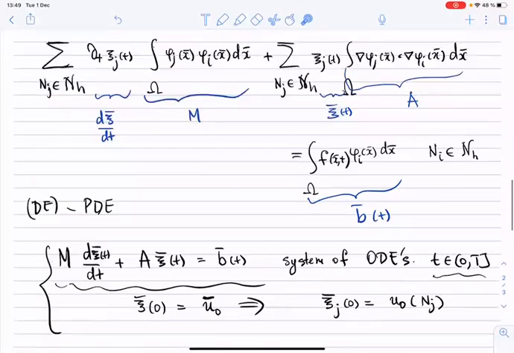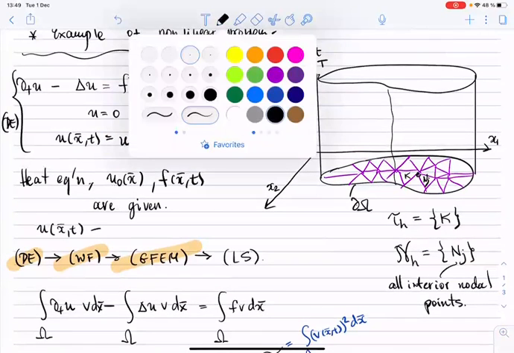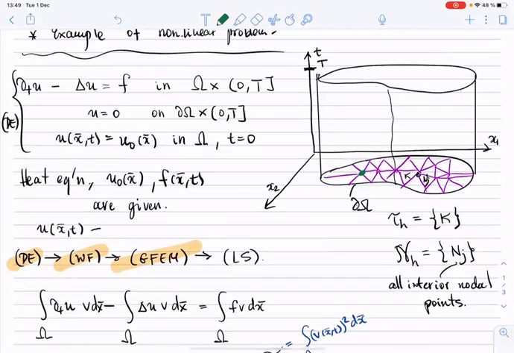So for every point, let me just draw it in, the ODE gives some solution. It changes in time. There are many points here, etc.